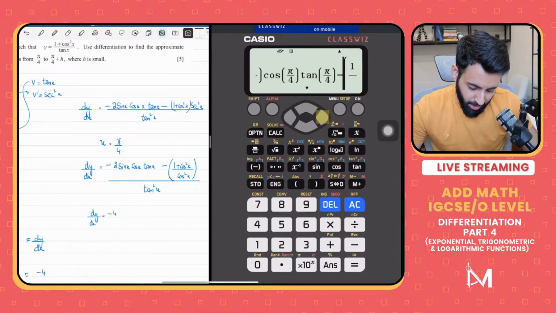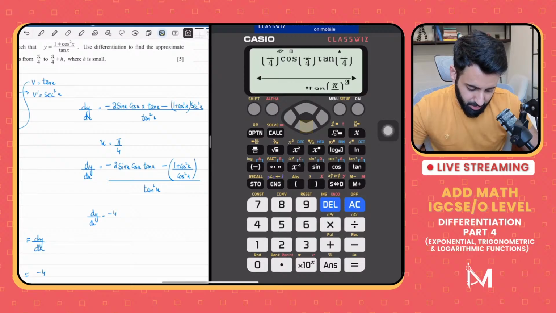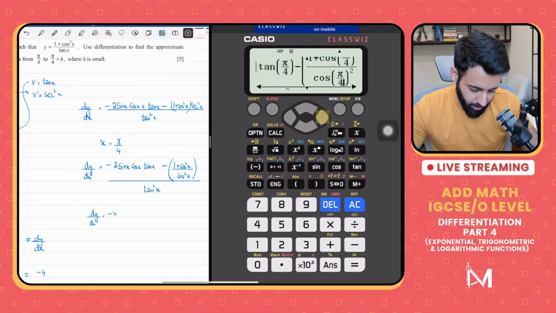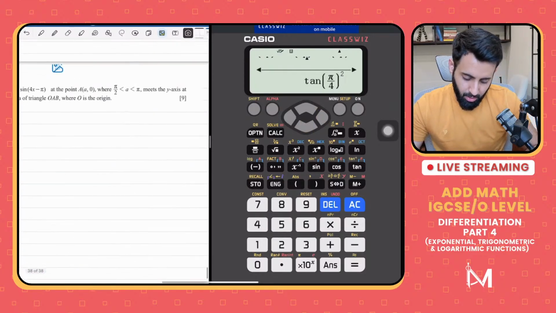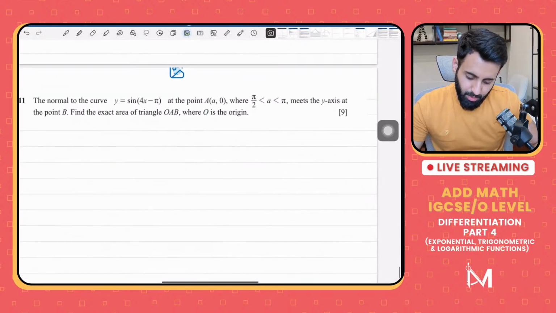Minus, make a bracket. 1 plus cos square x, but remember when we're writing it in our calculator, the square comes on the angle, not on the trig function. Divide by cos square x, so divide by cos with the angle and then a square. And then in the denominator, tan square x, so x is pi upon 4 and then a square. Alright, now let's solve this question.